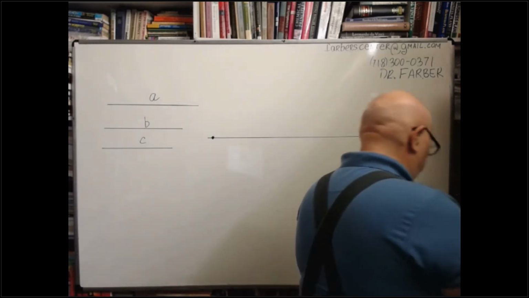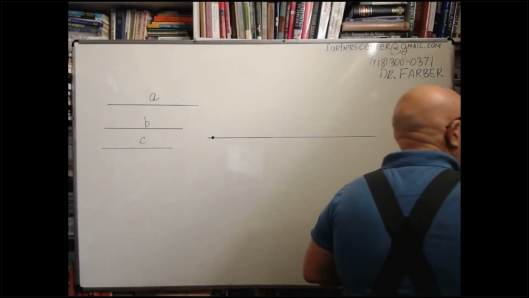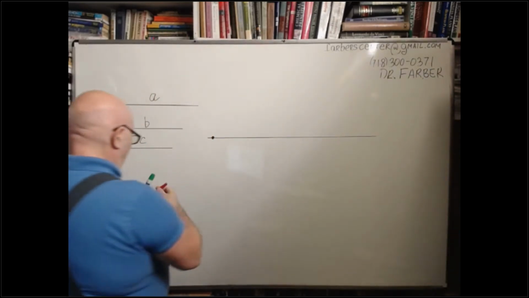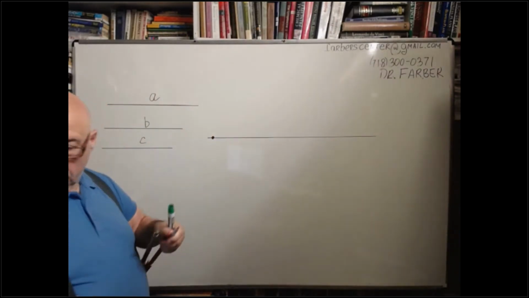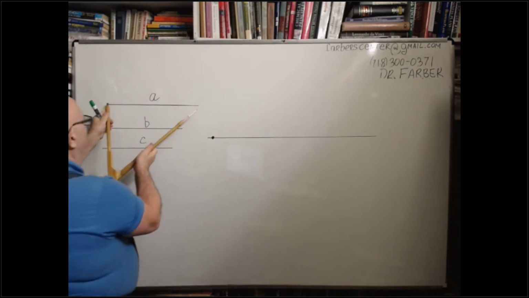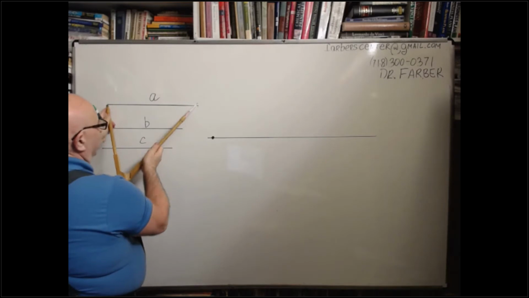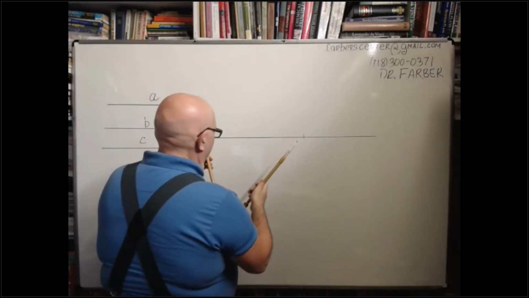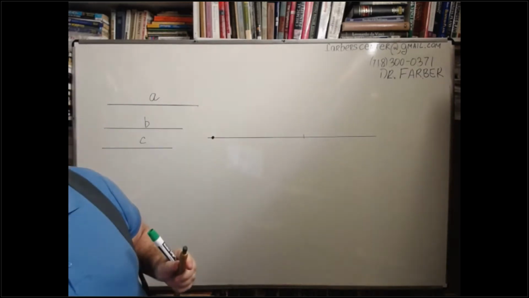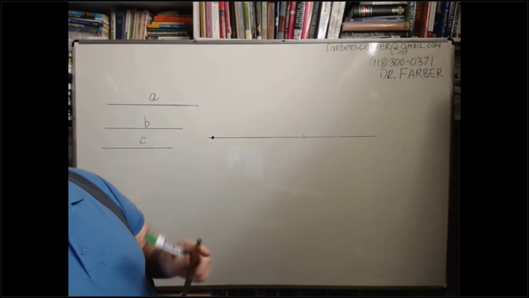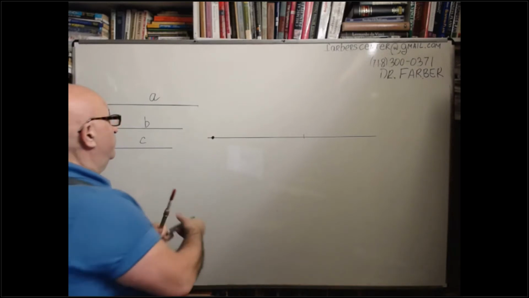Take a compass, and using this compass, measure segment A, this big, and put it over there. The length of this segment equals A.